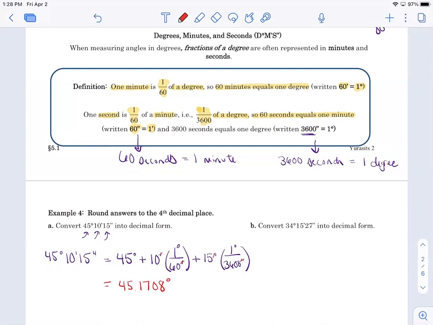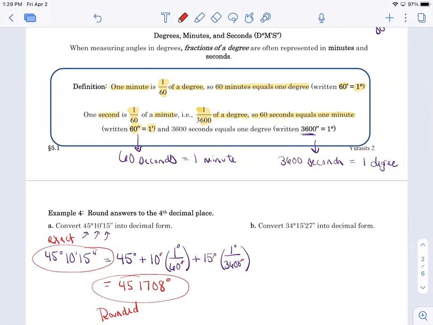Now, I want you to understand the importance of degrees, minutes, and seconds. It's better to use an exact answer. So writing it like this is much better than this, because this is rounded where this is exact.